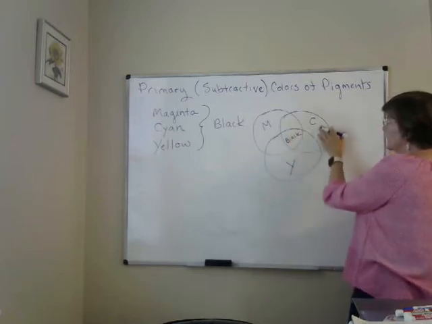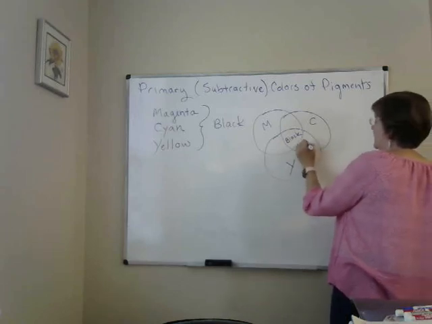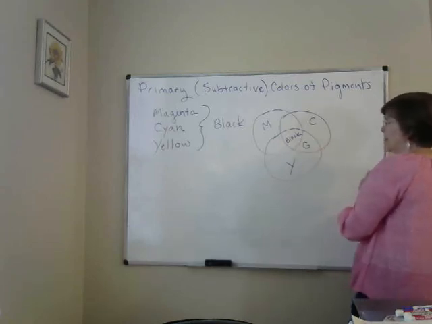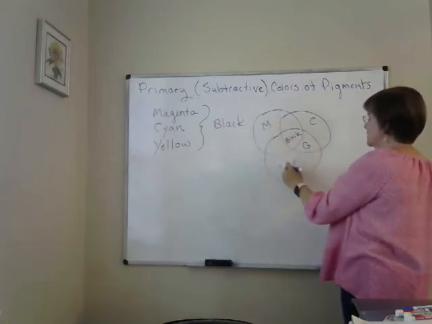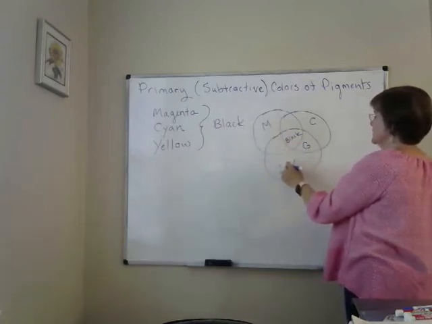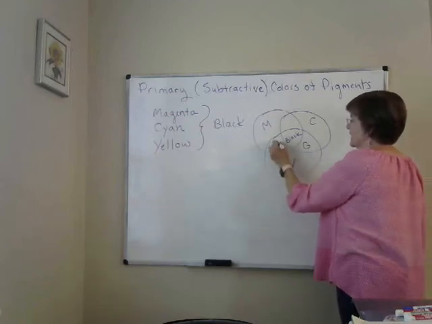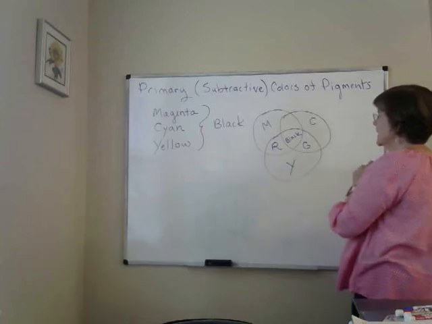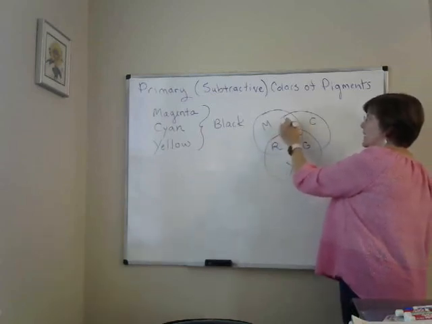If I only mix cyan, that blue-green color, and yellow, I get green. If I mix magenta and yellow, I get red. And finally, if I mix cyan and magenta, I can create blue.